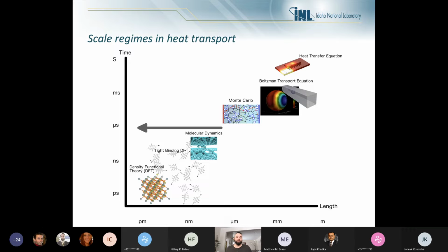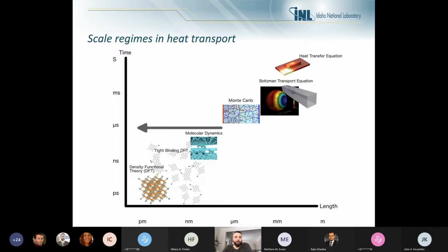We have them at INL, and they exist everywhere in the world. An expensive simulation is something that takes up a lot of processing power and a lot of time, and we don't really have a lot of time. There's a finite amount of both of those things. So while these methods can give really good information, they're unable to simulate large systems of atoms.